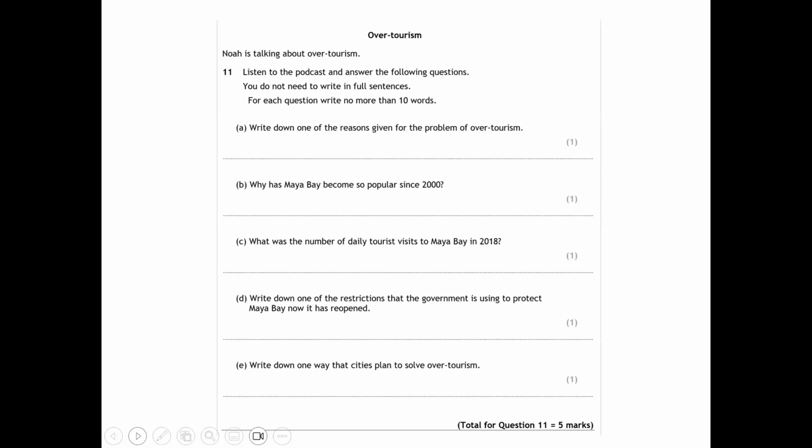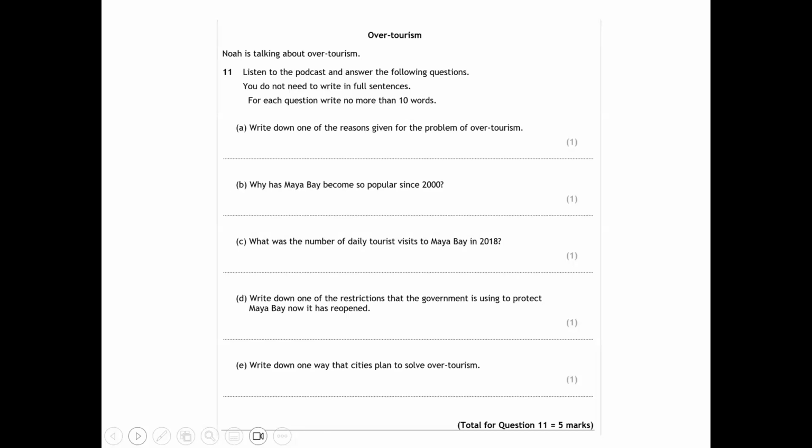But also just train your students to look out for the numbers in the questions. Question A, write down one of the reasons given for the problem of over-tourism. So it's one reason and one mark. And we would expect that there were several things that they could choose from, but we just want one of them. So they mustn't give more answers than are needed.